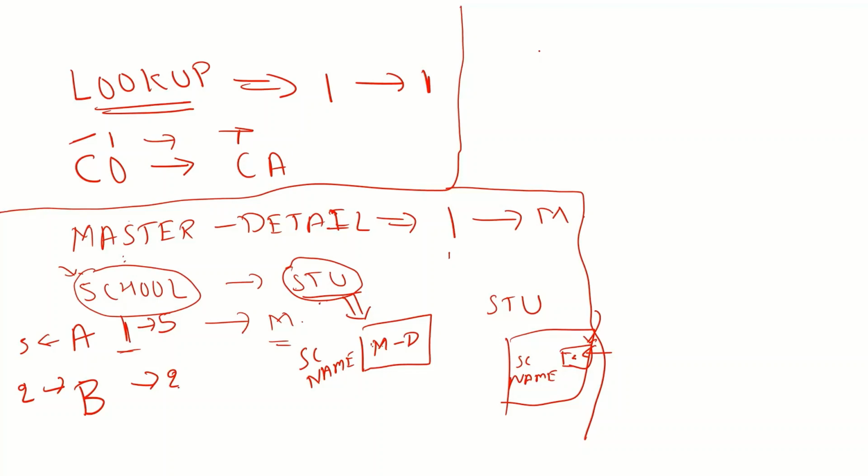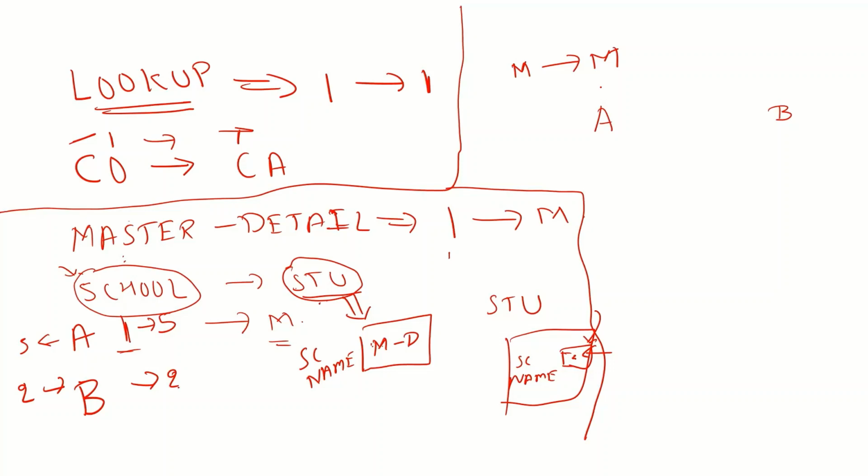The third type of relationship which we have is many to many. This we barely use, but it exists. To create a many to many relationship, for example, we have A object and then we have B object.